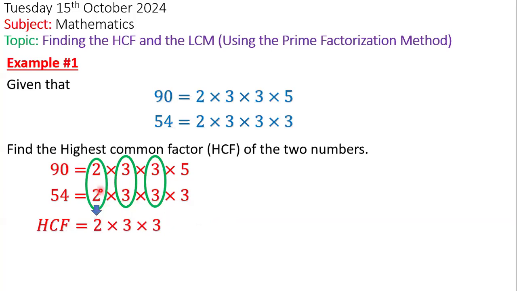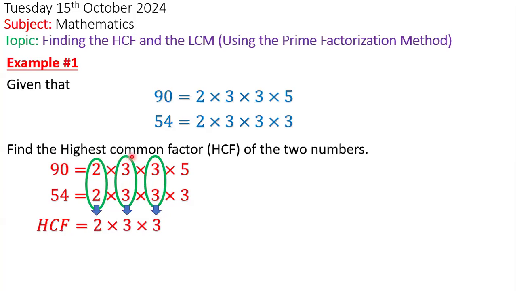The way we get it is that these two grouped together count for 1, 2. And then these 3s count for 1, 3. And then these 3s count for 1, 3. So first thing we do, we group or pair the common ones.